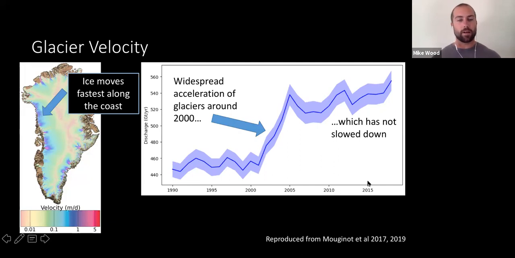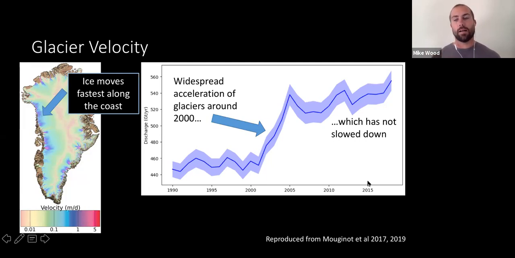So if you count up all the discharge from Greenland, it was approximately constant through the 90s until the year 2000. There was a huge stepwise increase in the discharge of ice from Greenland glaciers, and that really hasn't slowed down in recent years. And so here I'm showing results from Mougenot et al. 2019 in Jeremy's PNAS paper.